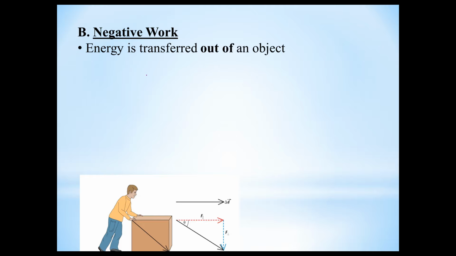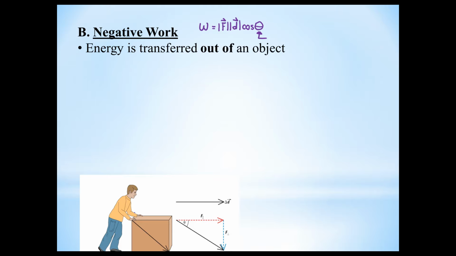But again, we want to look at the equation here to identify when this would be negative. So our equation is work is equal to the magnitude of the force times the magnitude of the displacement times cosine of theta. And what values of theta would be negative? Well, the biggest negative number that cosine of theta can be is when it's at 180 degrees.